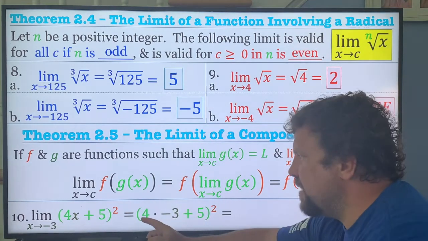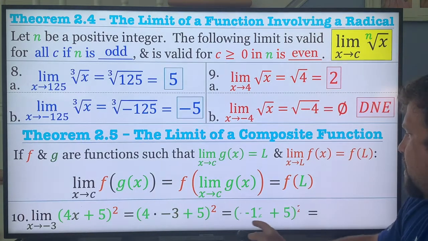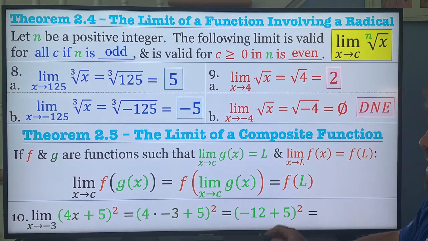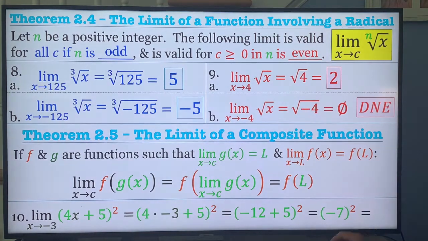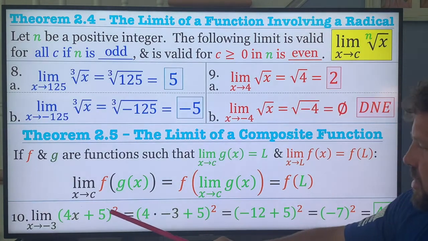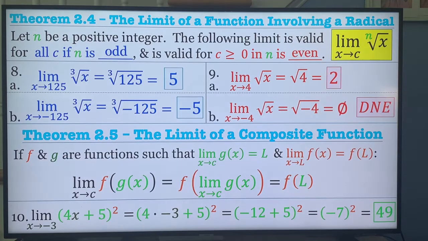So it just means solve the inside first. 4 times negative 3 is negative 12 plus 5 is negative 7. And then I do my second function, squared. Negative 7 squared is 49. All right? It just means you can solve multiple functions at the same time. Just put that in. See? A lot of words, easy concepts.